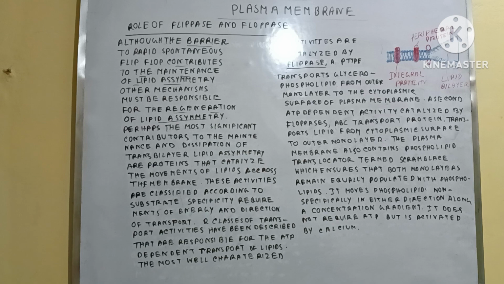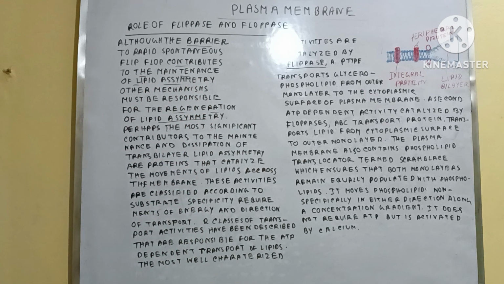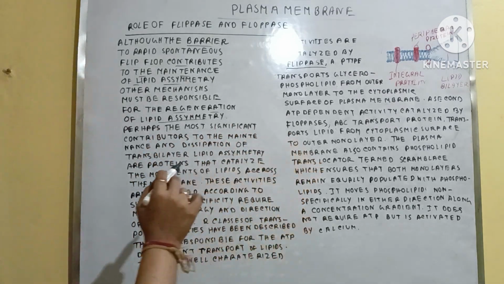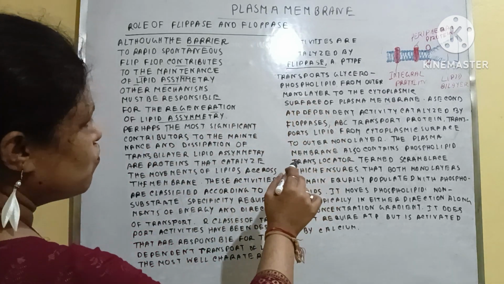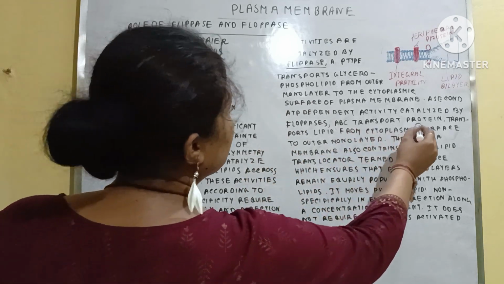Another important group of substances that are helpful for this asymmetry are the transmembrane proteins, the plasma membrane transport proteins.